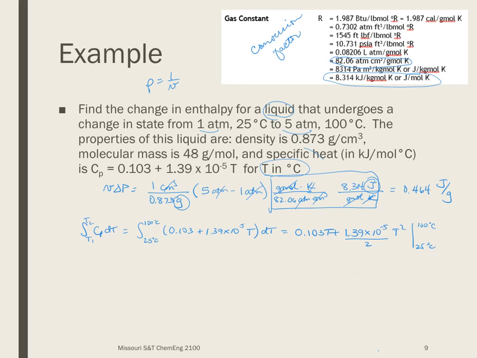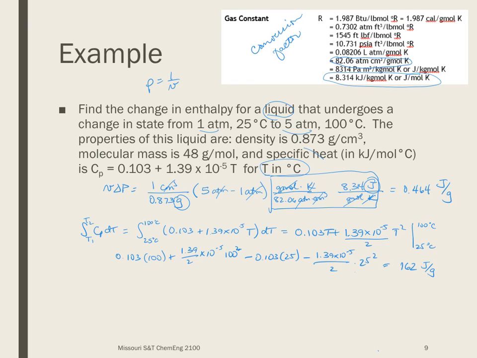In this particular case, I'm just going to take 0.103 times 100 plus 1.39 over 2 times 10 to the minus fifth times 100 squared, minus 0.103 times 25 minus 1.39 times 10 to the minus fifth over 2 times 25 squared. And this answer is 162 joules per gram.